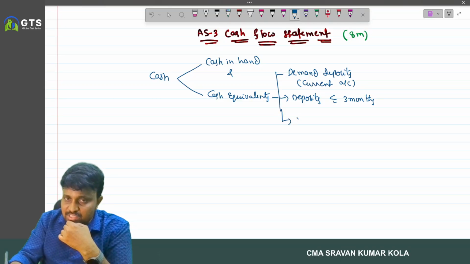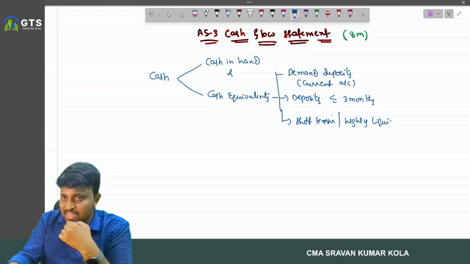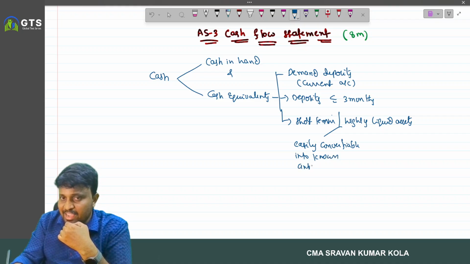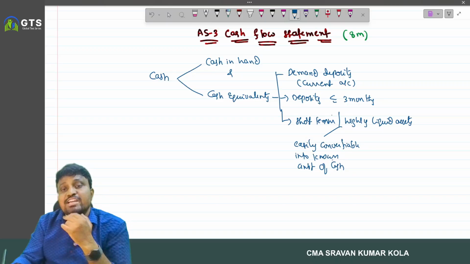Another one is short term or highly liquid assets, which are easily convertible into a known amount of cash. Known amount of what? Cash.